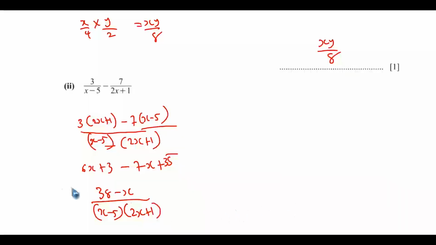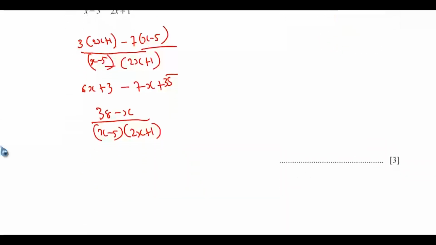This will be our final answer. You may want to expand the denominator to be in quadratic form, no problem, but I will leave my answer as 38 minus x over x minus 5 into 2x plus 1. So I think that's the end of that question.